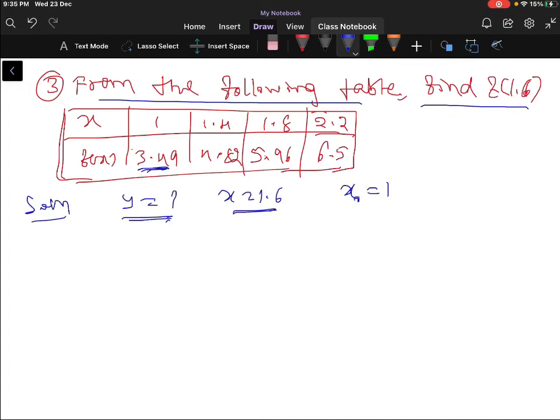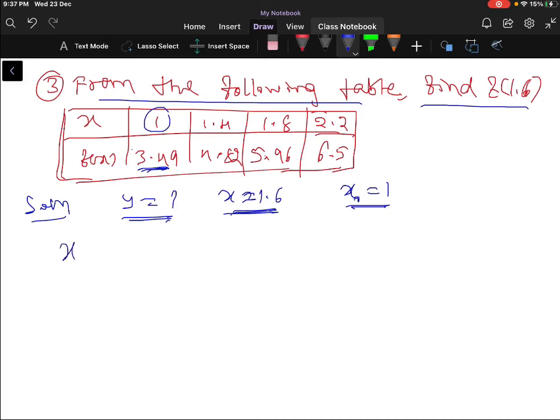So we move to the solution. Here we need to find out y at x is equal to 1.6, where x naught is 1. The value x equal to 1.6 is near to 1, therefore we use Newton's forward interpolation formula.